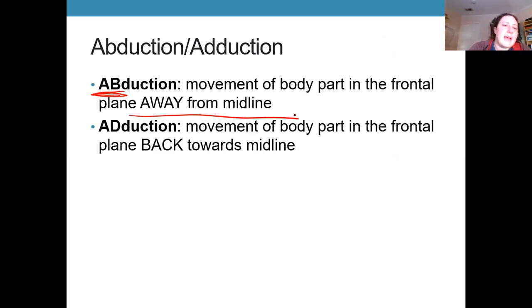And then adduction with a D is when you return the body part towards midline. Most body parts are already adducted in anatomical position. So abduction is going to move them away from anatomical and adduction is going to return it.